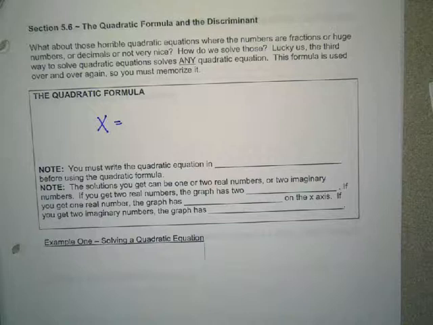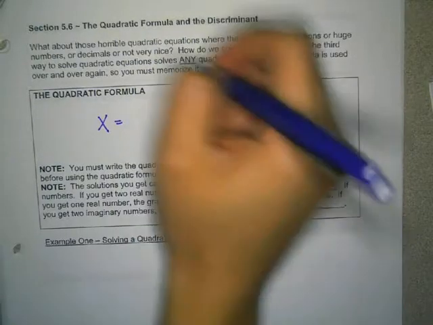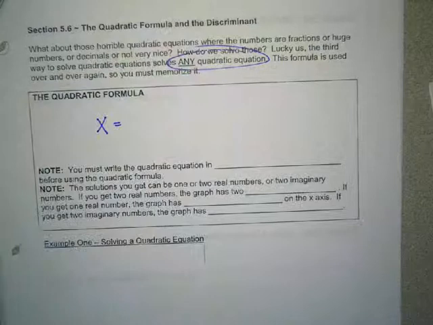So when you have decimals or fractions or anything like that, the quadratic formula is nice because this gives us another option to solve any quadratic equation. Because this allows you to solve anything. So if factoring doesn't work, or completing the square is too complicated because it has a bunch of fractions, then the quadratic formula is where you need to head.